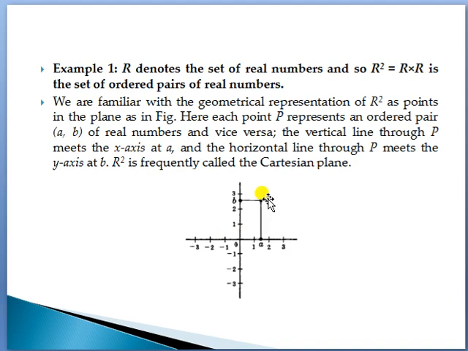Here each point P represents an ordered pair (a, b) of real numbers, and the vertical line through P meets the x-axis at small a, and the horizontal line meets the y-axis at the point b. That is called the Cartesian plane, R2 or R square.